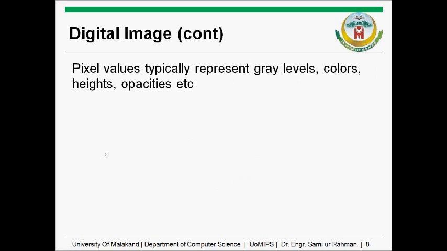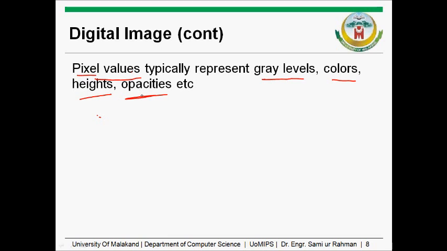Now, what is pixel value? The next important point is pixel value. A pixel value represents gray level or color or height, or opacity. Opacity means whether you can see behind some object or not.